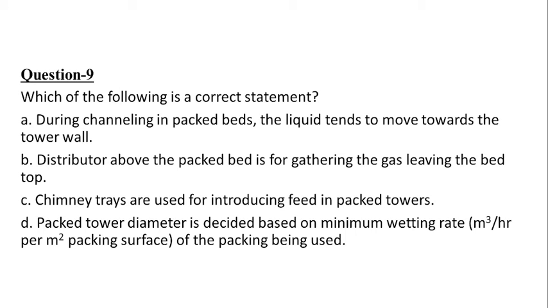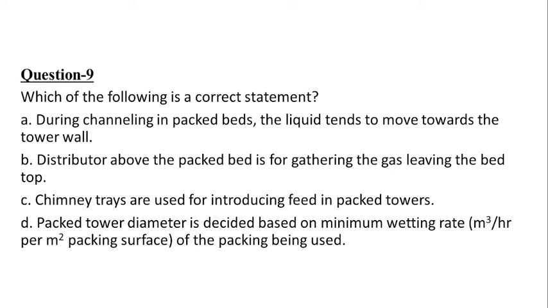So question number 9. Which of the following is a correct statement? Option A, during channeling in packed beds, the liquid tends to move towards the tower wall. Option B, distributor above the packed bed is for gathering the gas leaving the bed top.